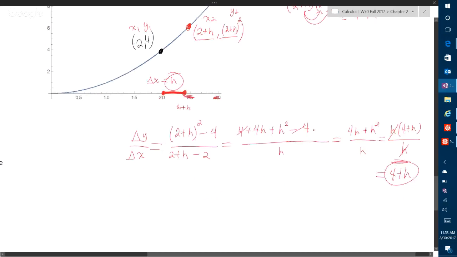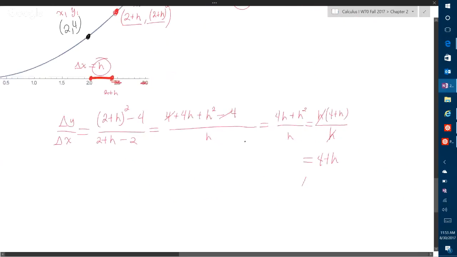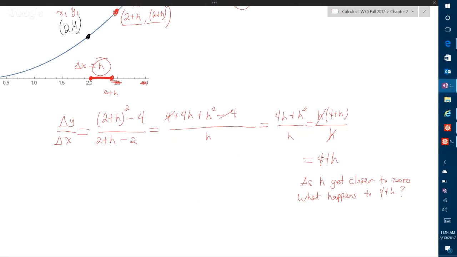As h gets closer to 0, what happens to 4 plus h? It goes to 4. And that's the slope of the curve at the point.